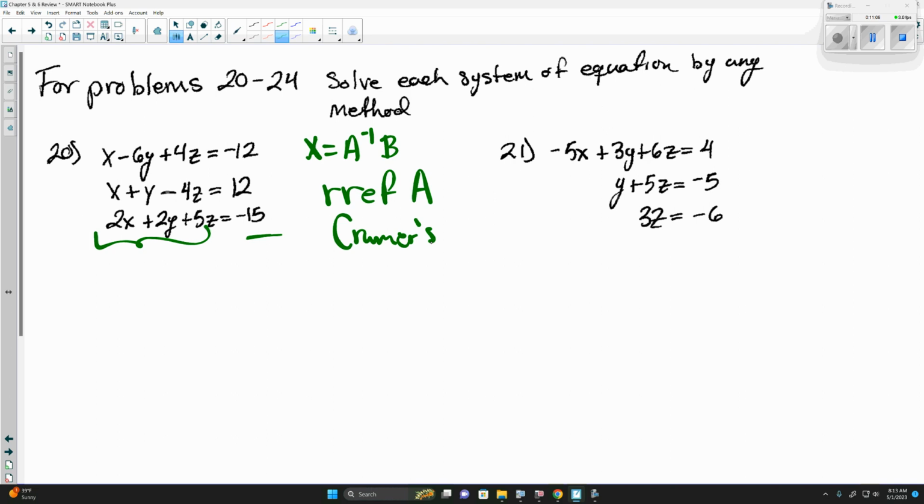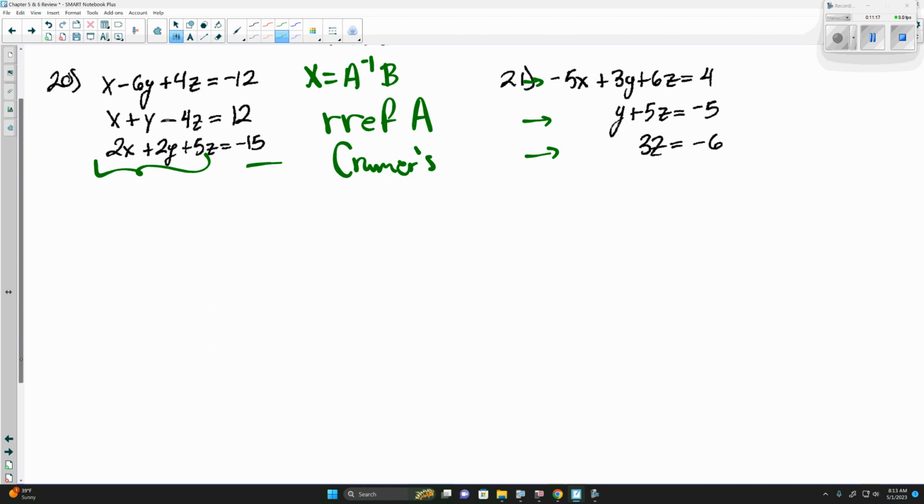Well, looking at 21, the first equation has 3 variables, the second has 2, and the last has 1. So I'm going to start off, 3z is equal to -6. Well, to find the value of z, I divide both sides by 3, telling us z is equal to -2.